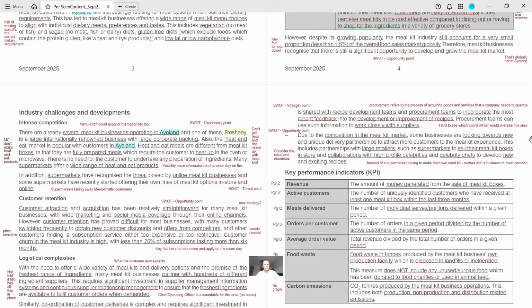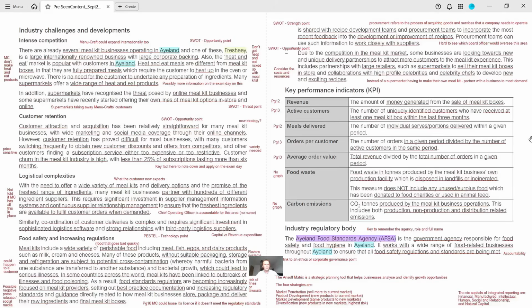We can now move on to page 5 on the left-hand side, where we're going to get stuck into the industry challenges and developments. Break it up section by section, where we're told about intense competition and could definitely be linking back into some of those theories we touched on earlier, especially Porter's. And this is where we have that MenuCraft could expand internationally, that SWOT analysis, the opportunity.